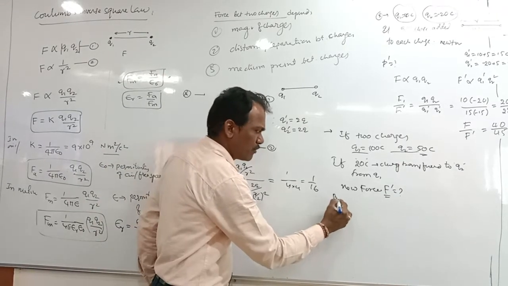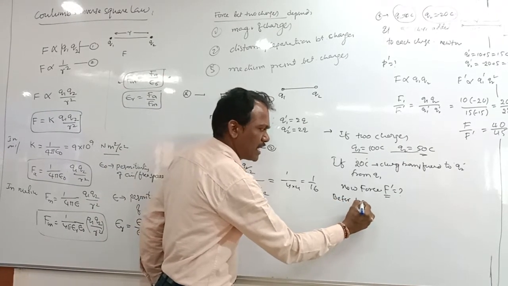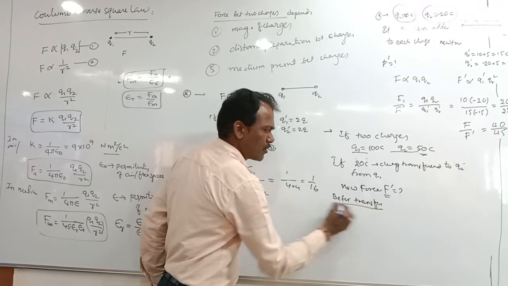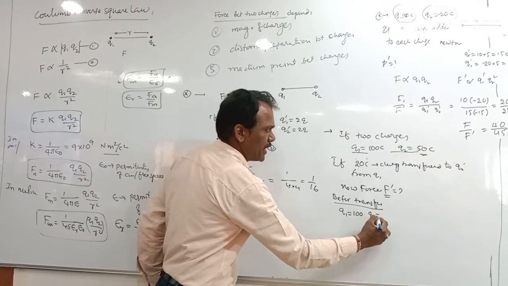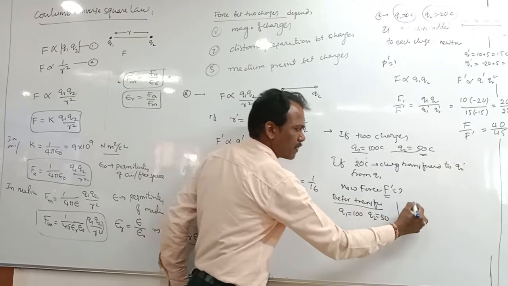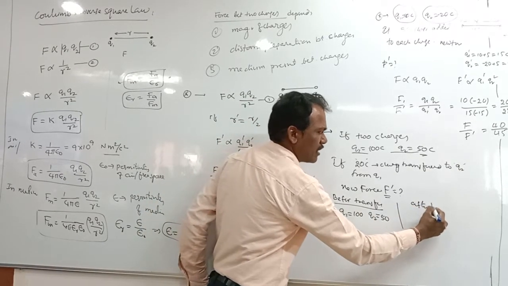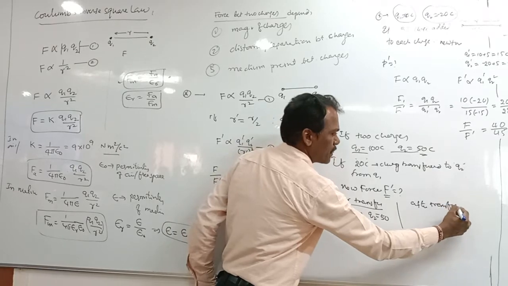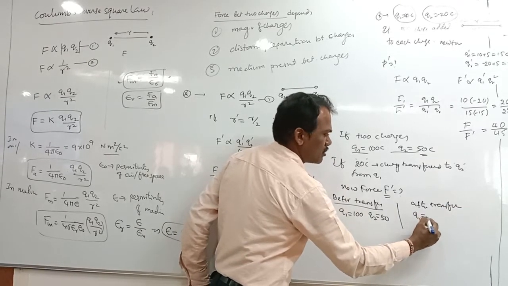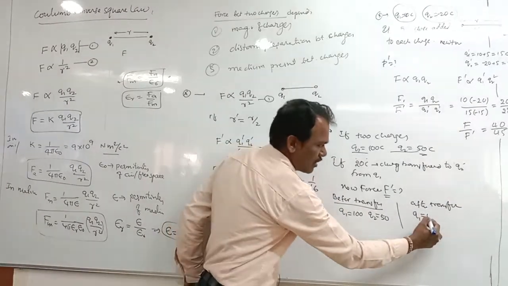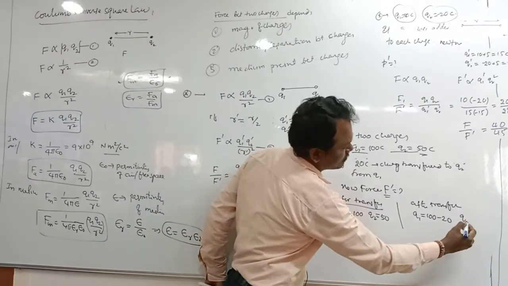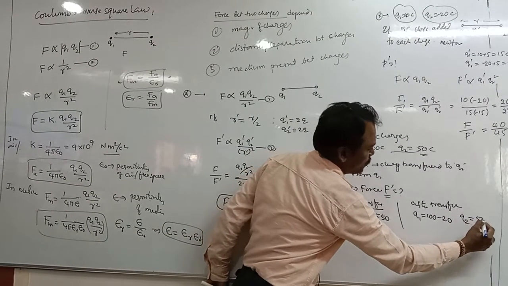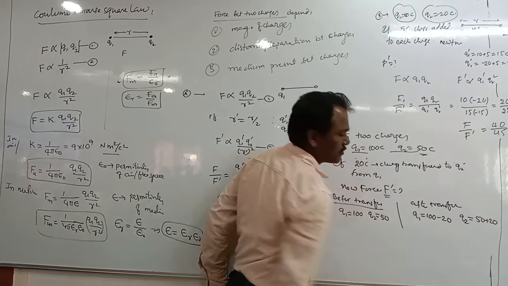So before transfer, Q1 is 100 and Q2 is 50. After transfer, Q1 is 100 minus 20, and Q2 is 50 plus 20.